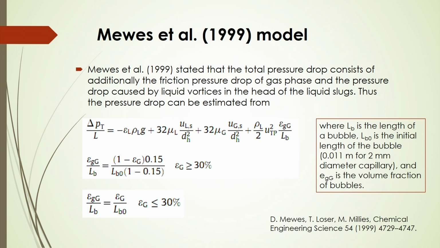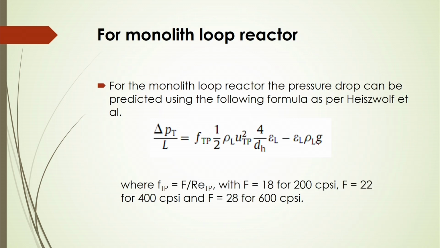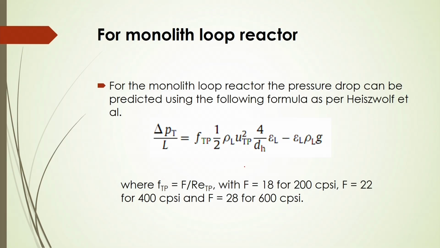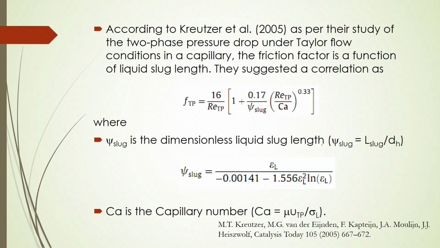Thus, the pressure drop can be estimated from this equation. And for a monolithic loop reactor, the pressure drop can be predicted using the following formula given by Hughes-Wolf et al. This is also important to calculate the frictional pressure drop, based on this equation.